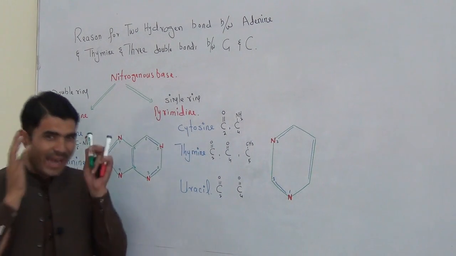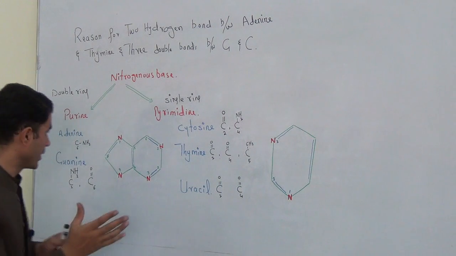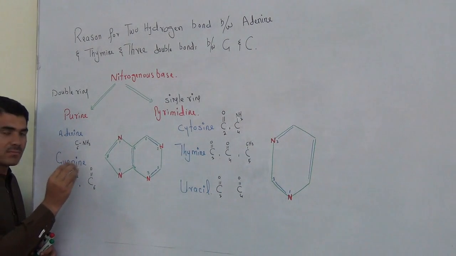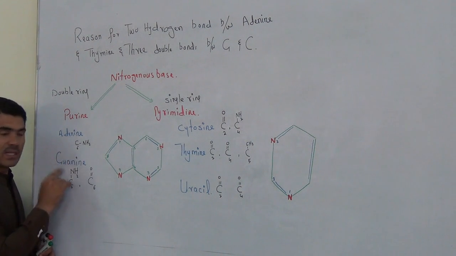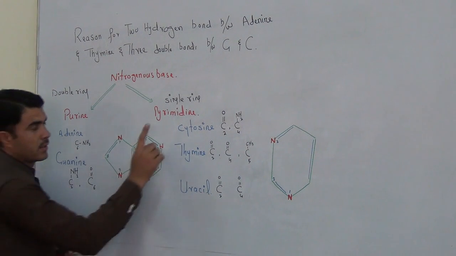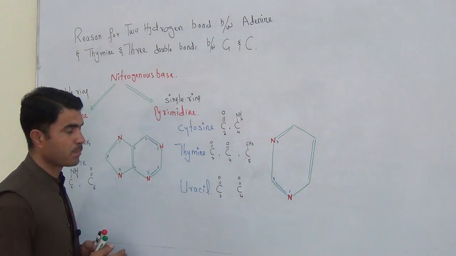If you want to get the structure of these bases, here I have mentioned something for you. Adenine and guanine are double ring, so here is the double ring. Cytosine, thymine, uracil are single ring, so here is the single ring.